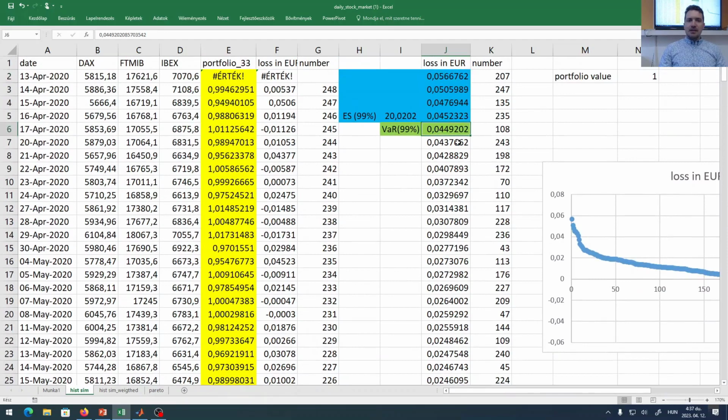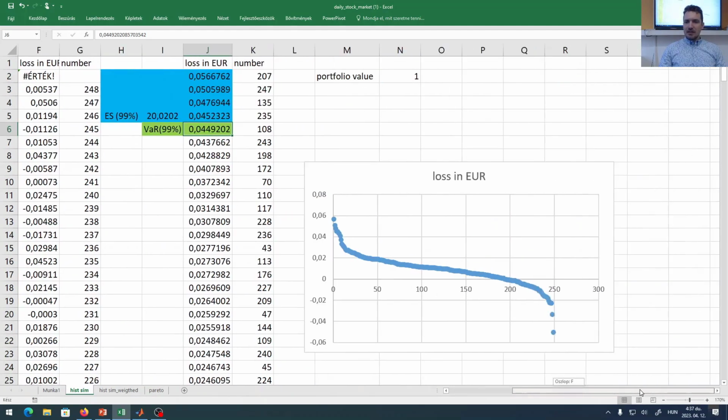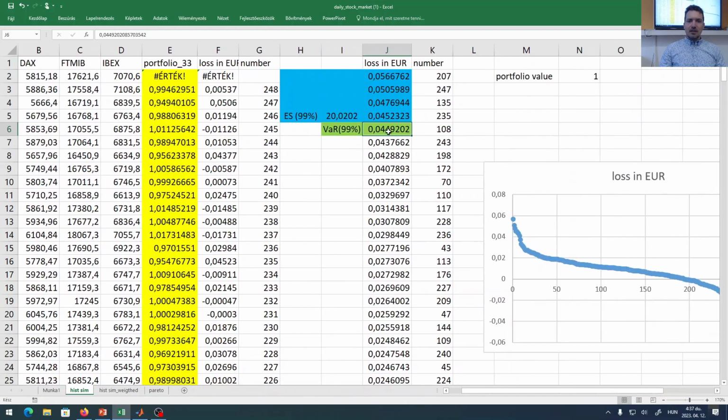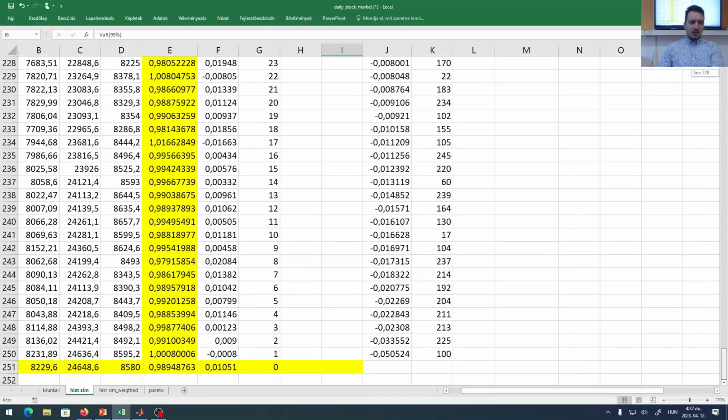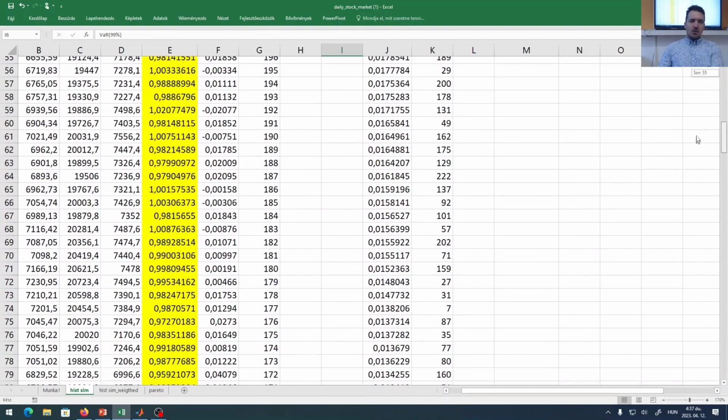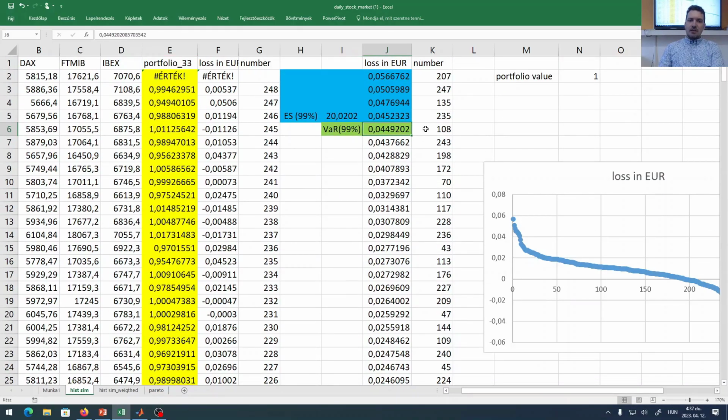In this case, we can expect that the 99% will be located here. So this is the VaR level, and this is the expected shortfall.